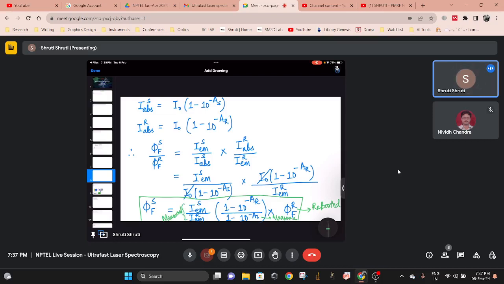So by getting these four factors and knowing the quantum yield of the reference from previous reports, we can calculate the quantum yield of the sample with respect to the reference. So this is an indirect measurement.